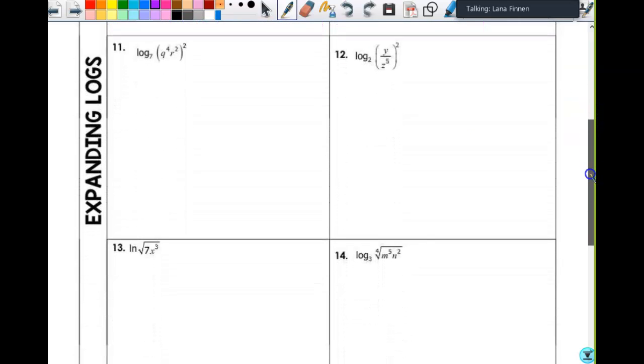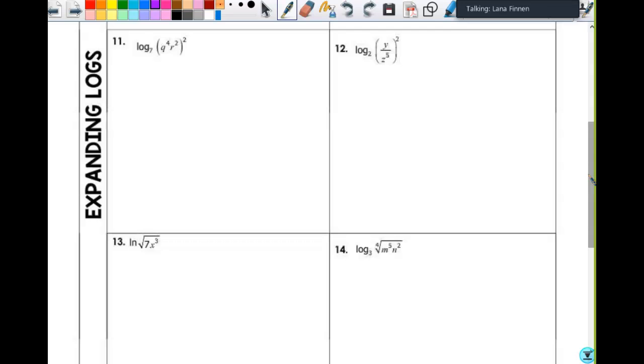All right, let's look at 11. So here, this squared does affect this whole argument here, which means this 2 can go ahead and come out front. So this is going to give me 2 times log base 7 of q to the 4th r squared.